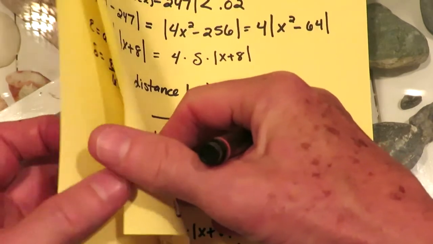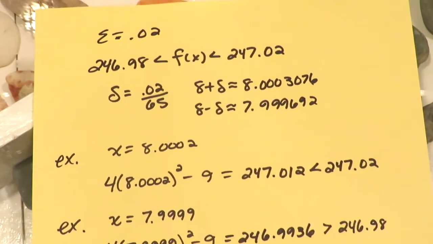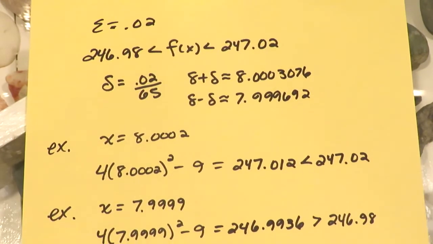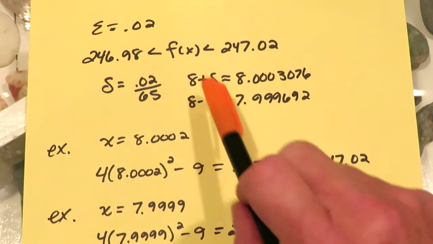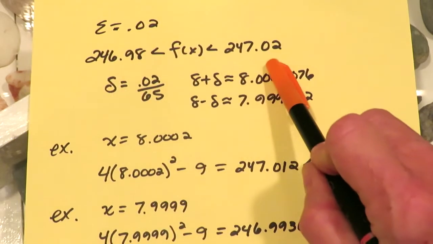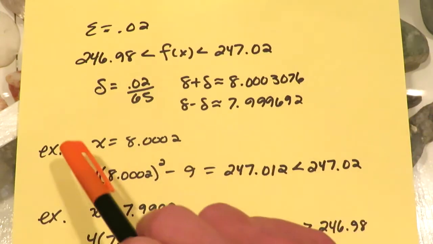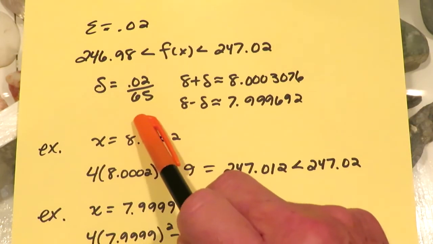We showed that definitely there's a tolerance delta that's going to work. Plugging in some numbers to just see what's going on. If epsilon really was 0.02, then that means we want our function value to stay between 246.98 and 247.02. And delta then is epsilon divided by 65.